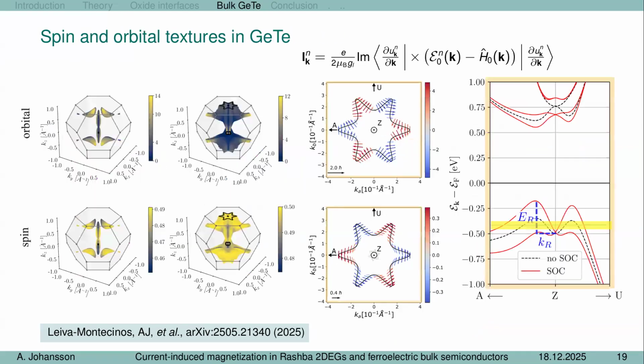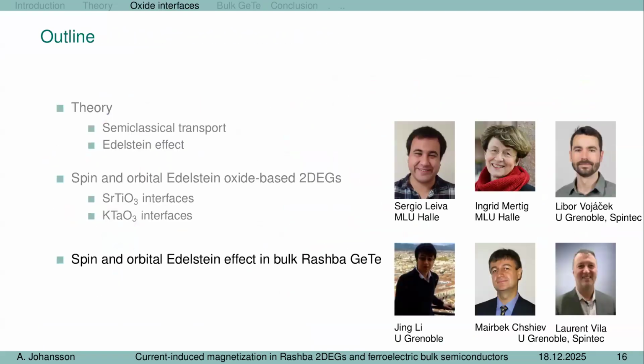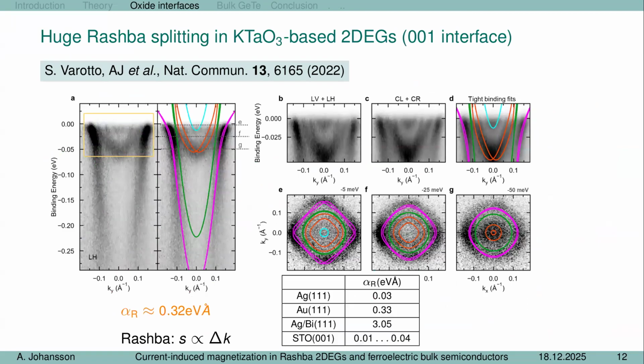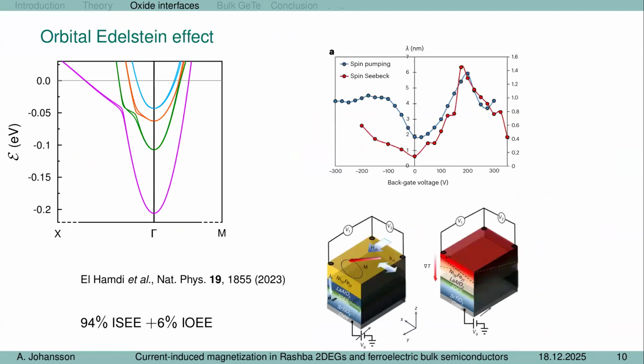But if we come back to one observation of the orbital Edelstein effect, which I showed, I'm really no expert on these techniques, but what I understood here is there's a signal observed.